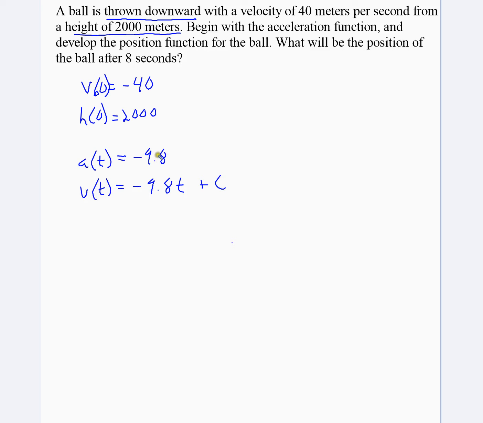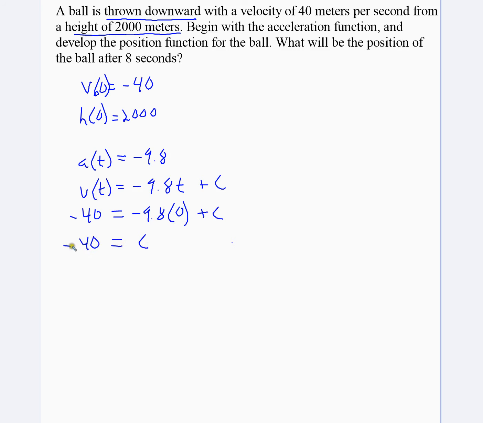We know v of 0 is negative 40, so we know our velocity is negative 40 when our time is 0. So that tells us that c is negative 40.